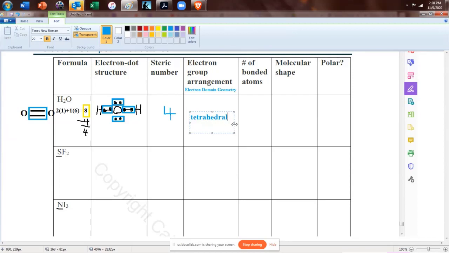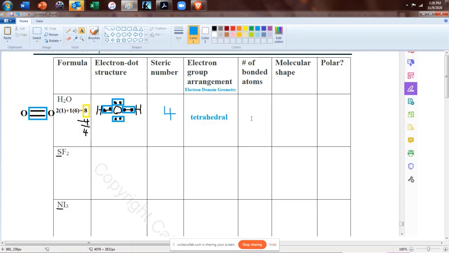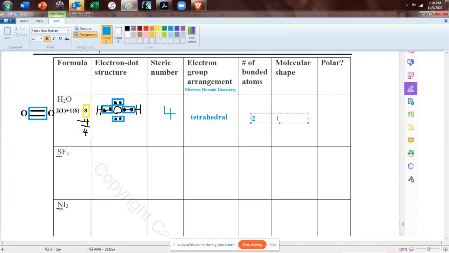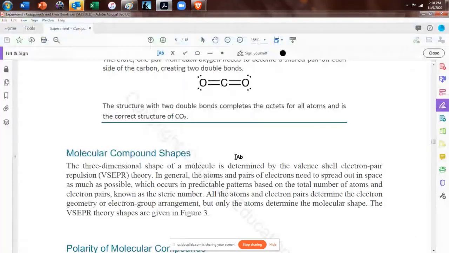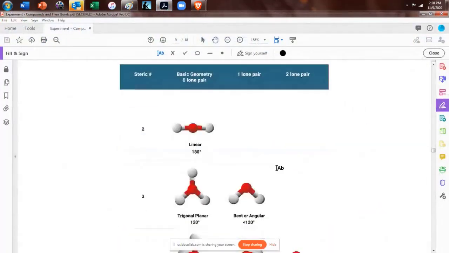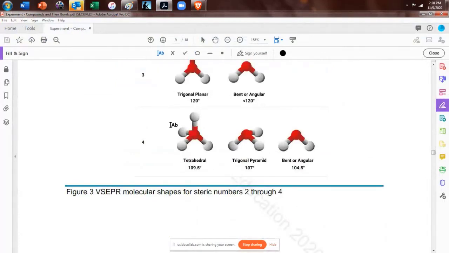Now, the number of bonded atoms is only 2. So if you have a tetrahedral electron domain geometry or electron group arrangement and only 2 bonded atoms, you kind of ignore the lone pairs. So going back up to our table, if we look at these geometries, I have 4 electron domains.